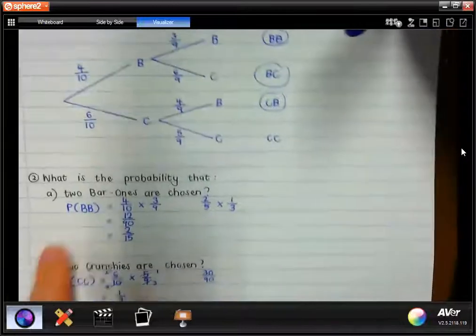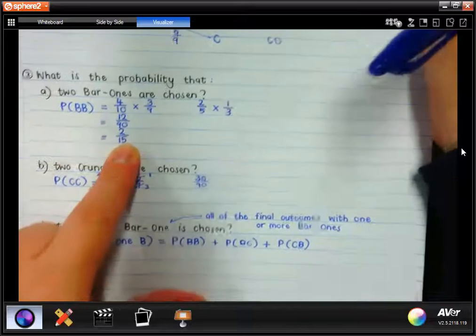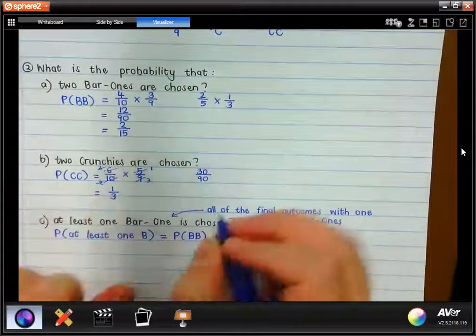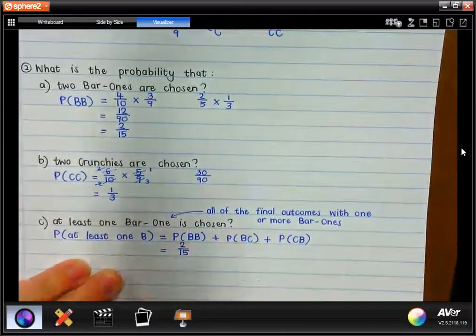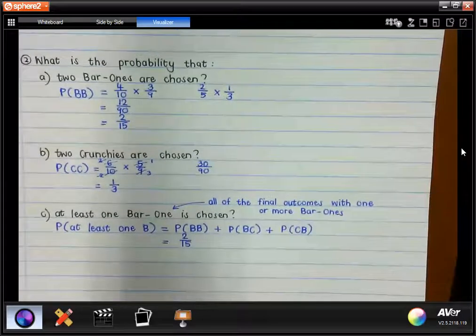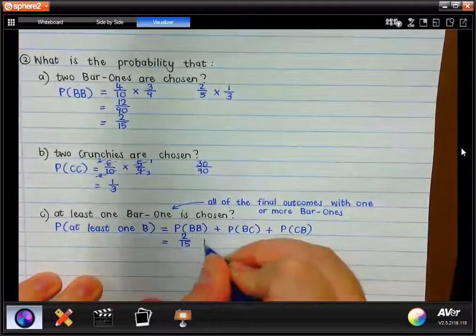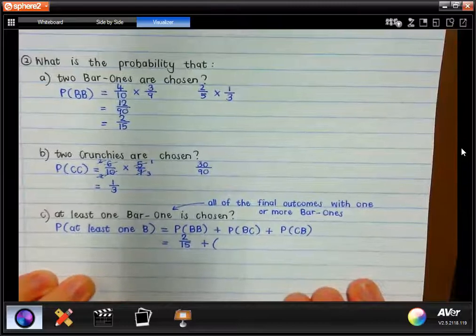So for the probability of BB, are we all clear on the fact that we found that in A already? Okay, so we don't have to do that multiplication again. We already found that answer. That is 2/15. Okay, if you didn't have that already in A, you would have had to multiply it. Plus probability of BC. We haven't calculated that one yet.